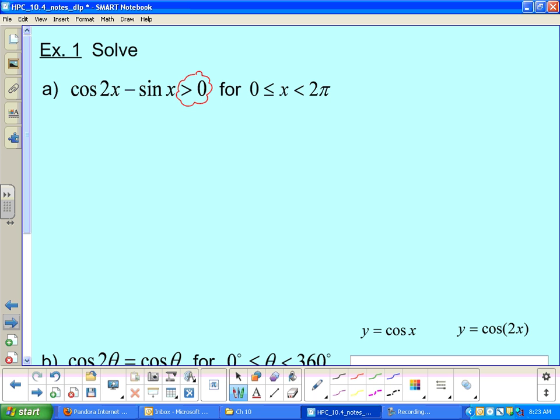Remember that greater than 0 means we are looking for positive values. And we set up a sign chart. Here's our interval, going from 0 to 2 pi, so we're talking about radians right now.